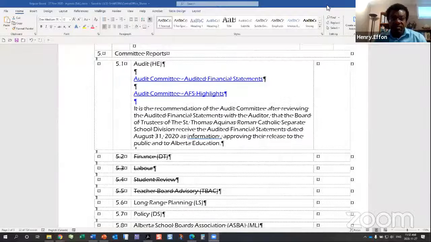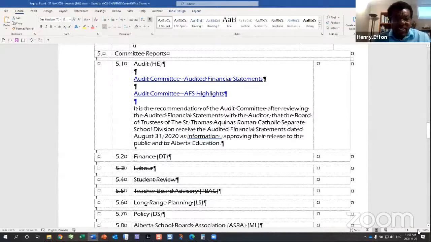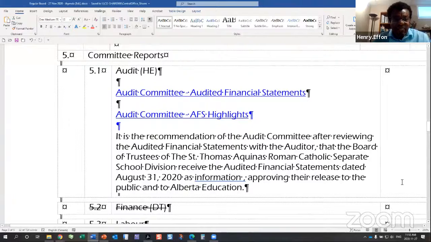I just have a reminder that we do need a motion from the board. And Trustee Eflon, if I can project that for everybody. Yes, please. Can you see that? Enlarge it a little bit, please. There you go, better. Thank you. So, Madam Chair, if I may, as the chair of the audit committee.